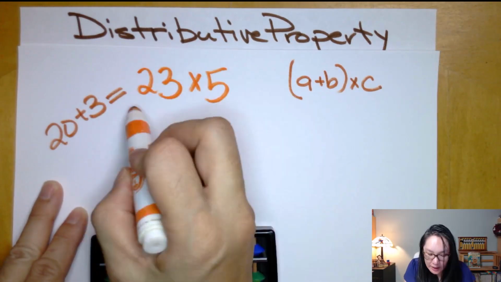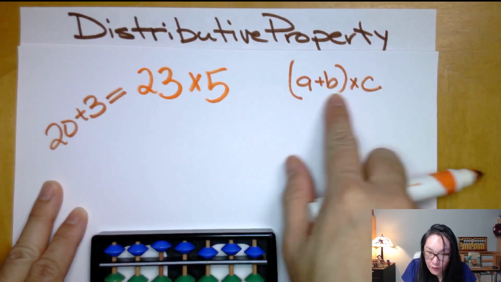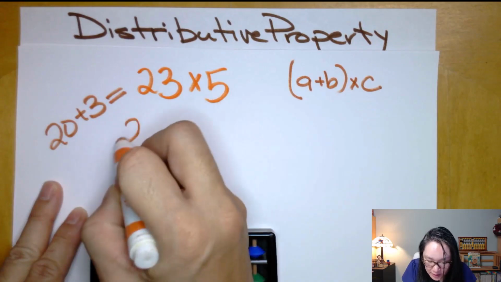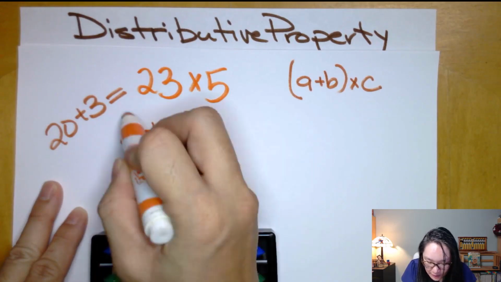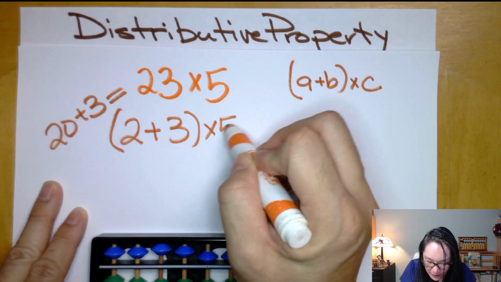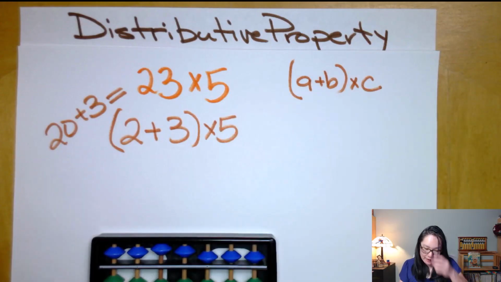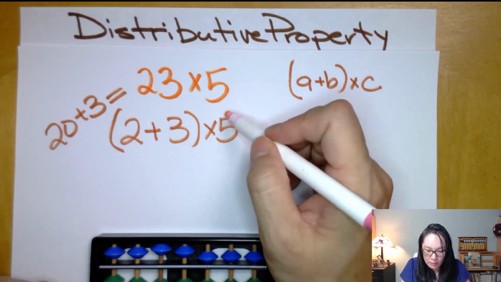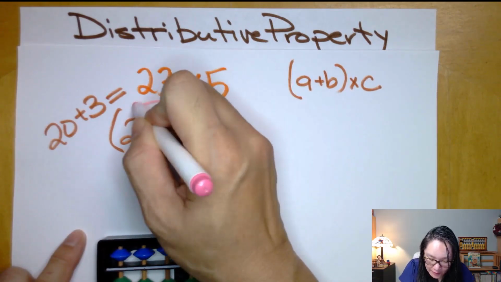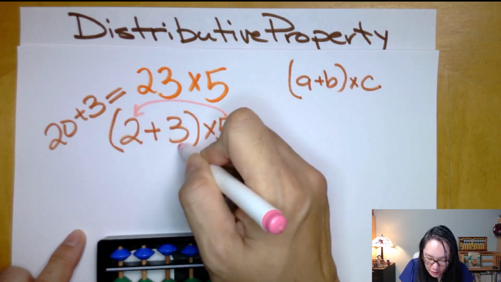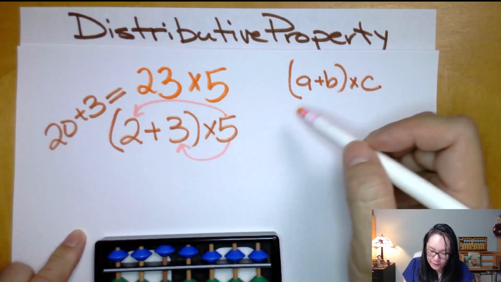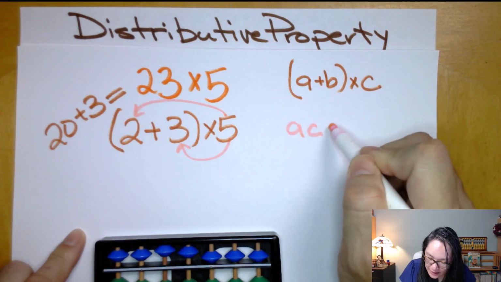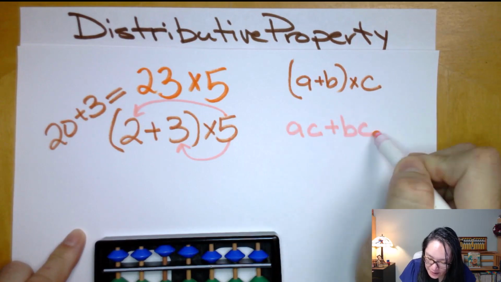So if we're going to follow this formula, it's 20 plus 3, times that by 5. Now we're going to start to multiply it out. We're going to multiply 5 times 20, and then we're going to do 3 times 5. That means it's AC plus BC.